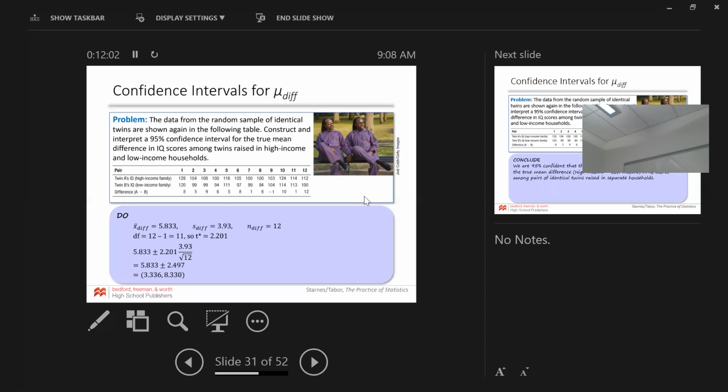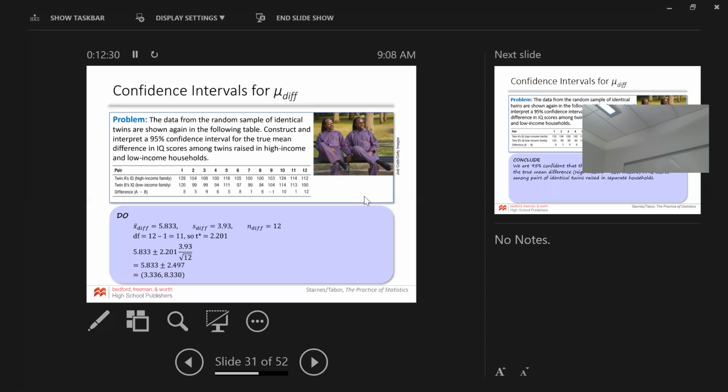Why? Zero is where? It's not in between the two values. That's all we care about. Is 0 in the interval? Is it? No. It goes positive to positive.